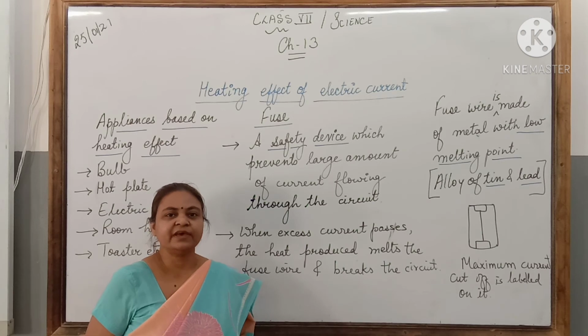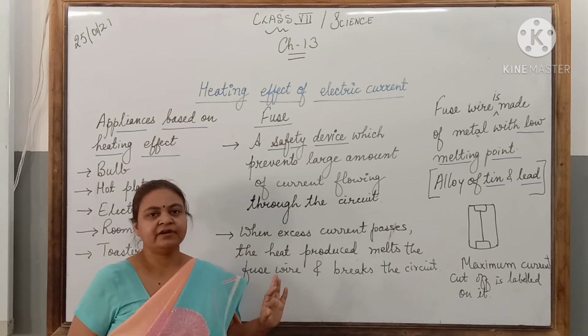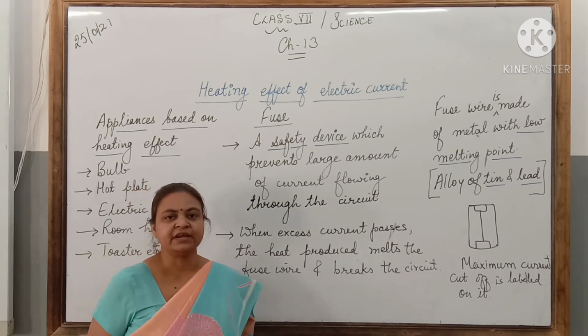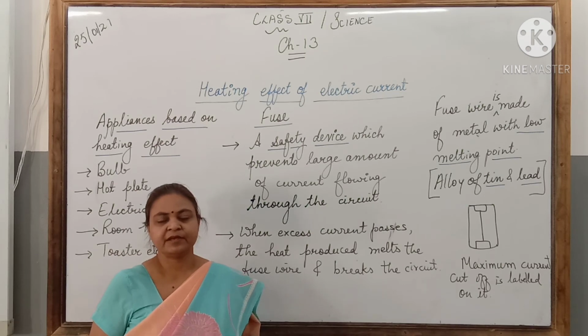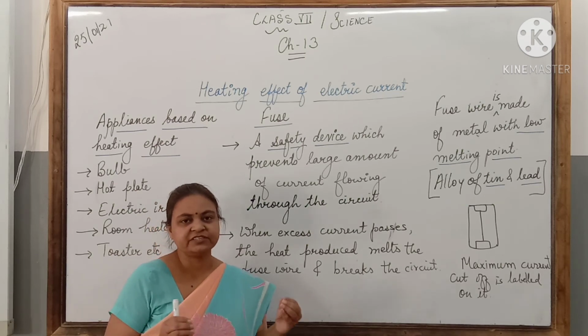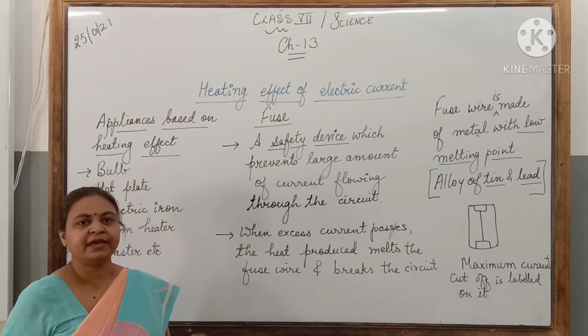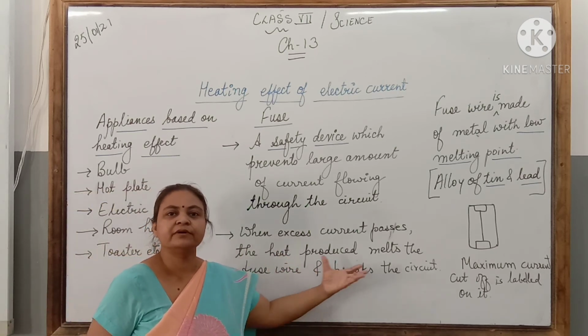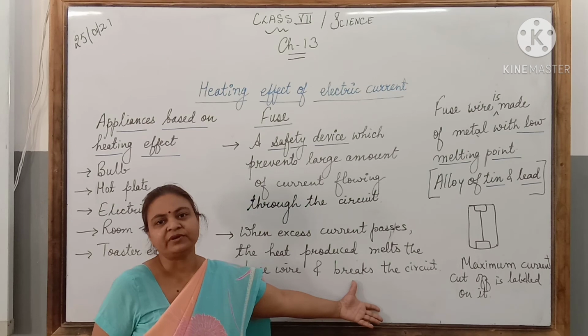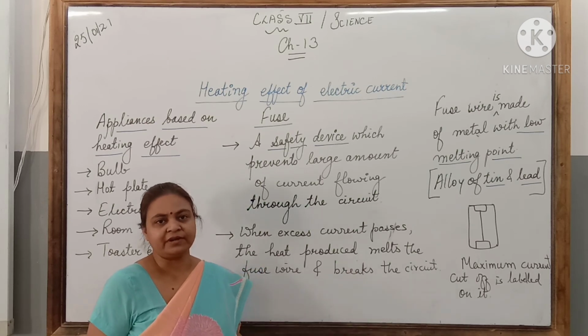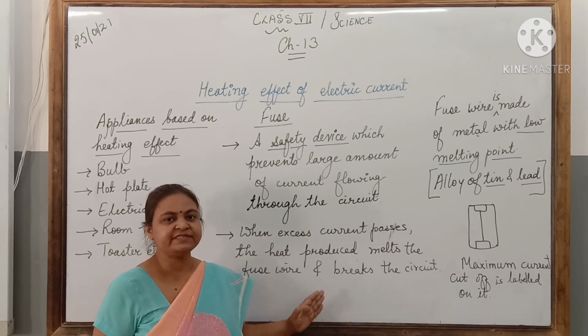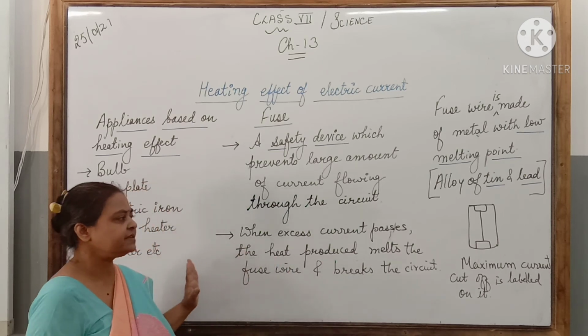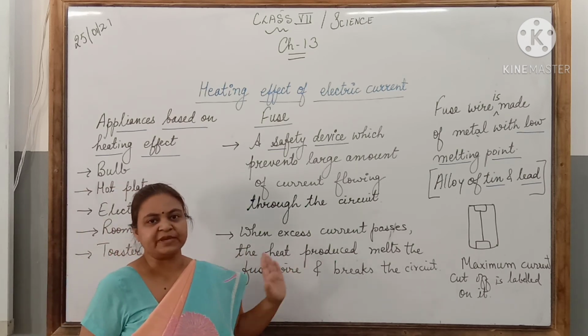And MCBs also have different amounts of maximum current. It saves our time, and it does not require us to wait without electricity for a long time. So MCBs are better than the fuse in this respect.